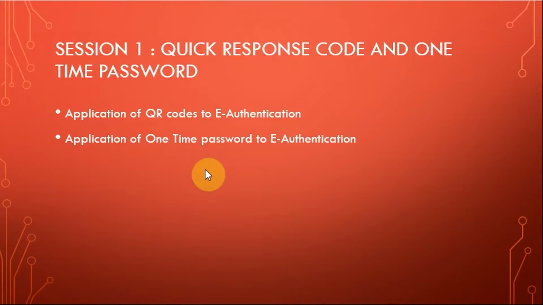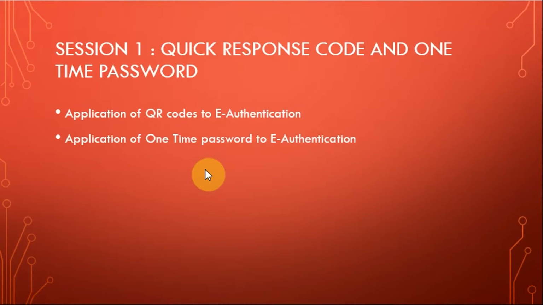So quick response code actually has been around. It was created, I think, by some Japanese guys. I think they created the QR codes as a means of identifying products earlier on. This technology has grown far and wide, just like the barcode, but the quick response code is quite different.